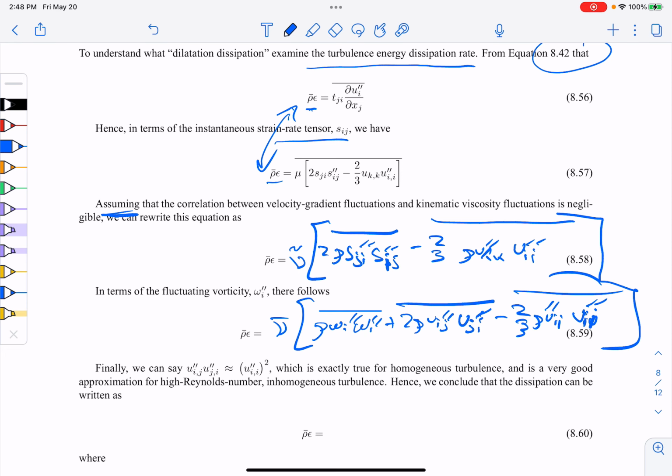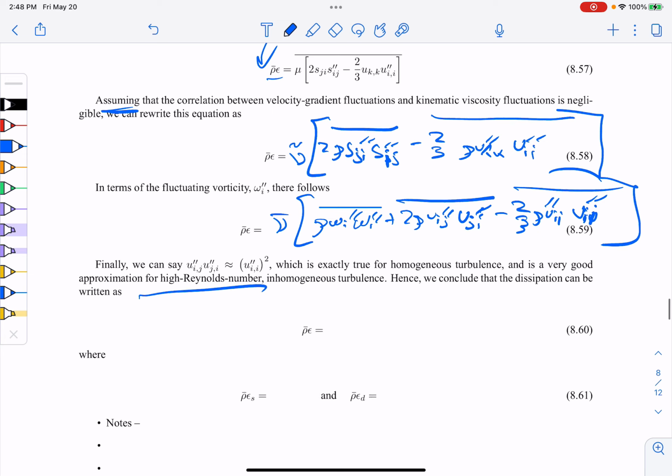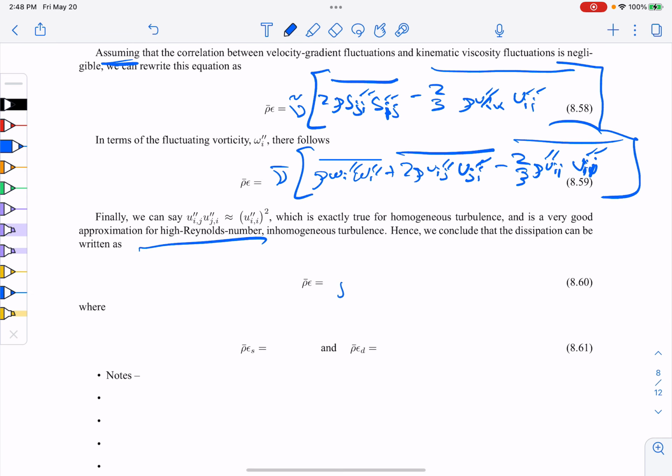You can also show that the uj double prime ui double prime term goes as the square of ui double prime. And this is true for homogeneous turbulence, and is definitely a good approximation for high Reynolds number homogeneous turbulence. And as a model, we can conclude that the dissipation might go as rho bar epsilon s plus rho bar epsilon d.